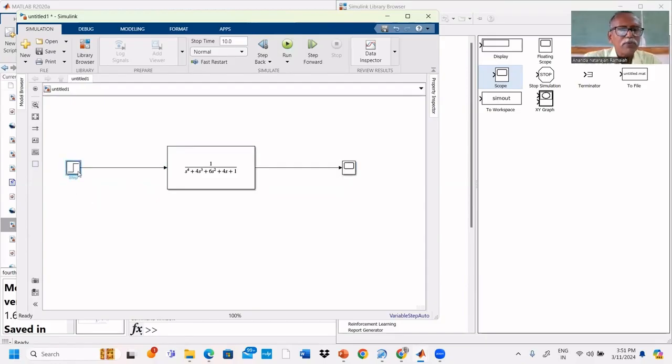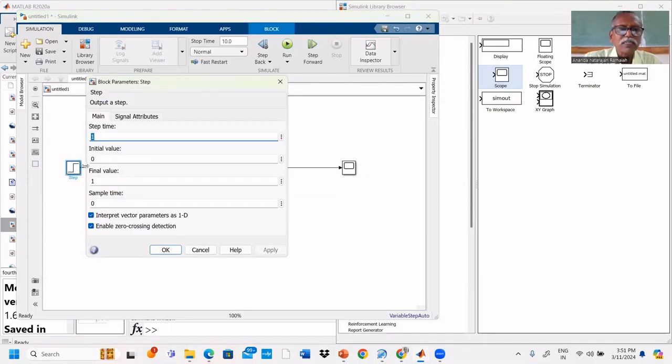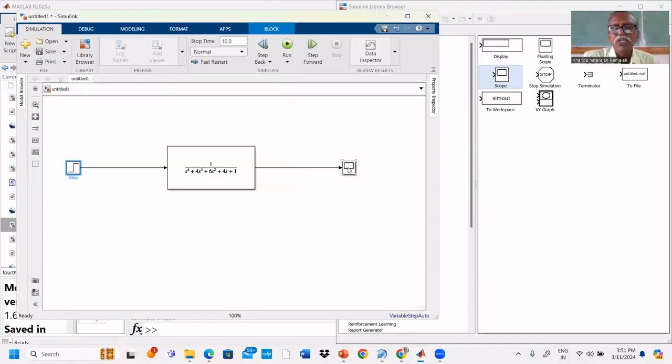For the step input, we have to give correct parameters. Here the step time is 1, but you need a step input at 0 time. The final value is 1, a unity step input, so that is okay. The scope is to see the response. Now we have to simulate. Let us simulate for 10 seconds. It won't settle in 1 second.